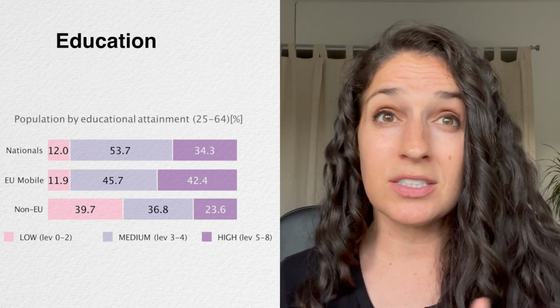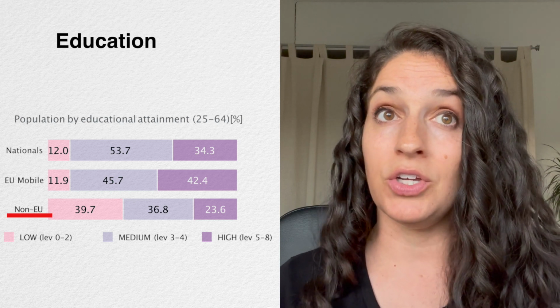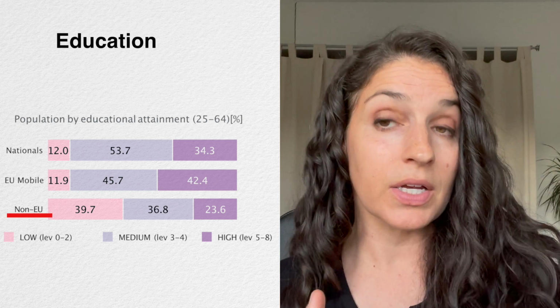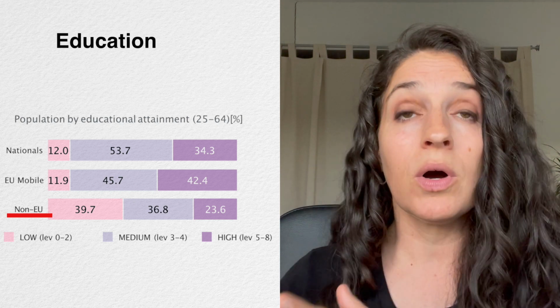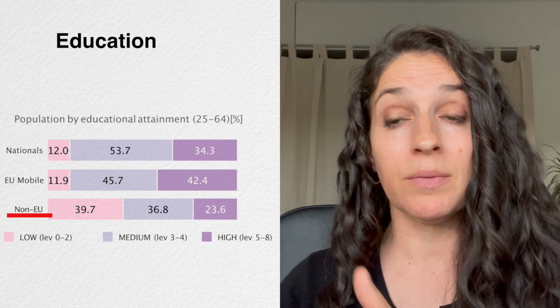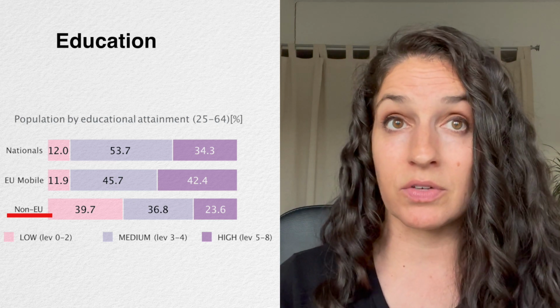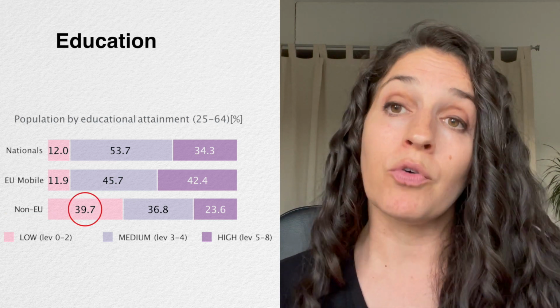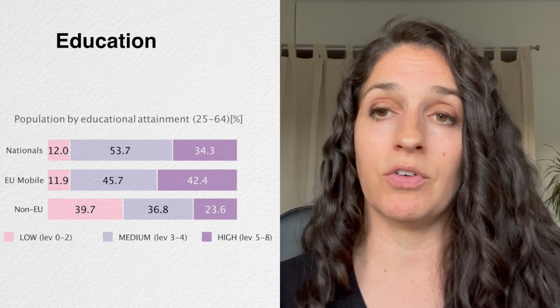What we do see is a bit of a difference between migrants from outside of the EU and European nationals and Austrian nationals. And here you see, while there's still plenty of people that have medium and high levels of education, there is a larger group that has low levels of education here. So almost 40% of the non-EU immigrants have low levels of education.